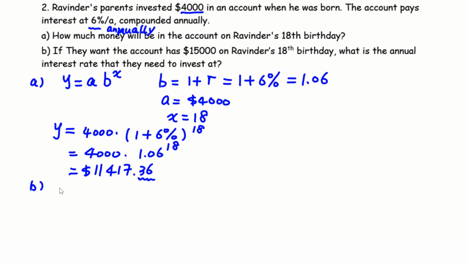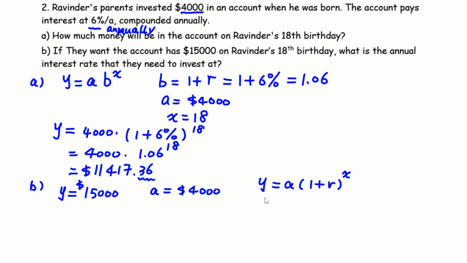So we are going to have y equals, the total amount is 15,000 and the initial amount is still $4,000. So in this equation we have y equals a, then 1 plus r to the exponent x. So b is 1 plus interest rate.